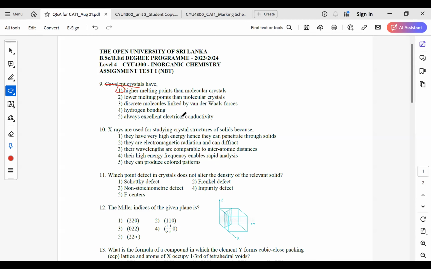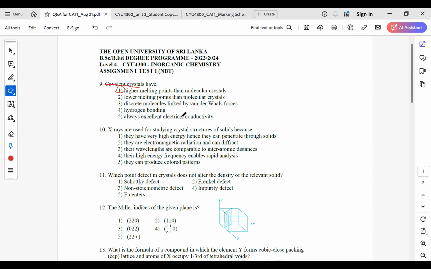Okay. Then the next question is about X-rays. X-rays are used for studying crystal structures of solids because, now we don't have to go through one by one. Give me the answer. Why are X-rays used? Why not other electromagnetic radiations? Why particularly X-rays? Why are X-rays used for crystallographic studies?